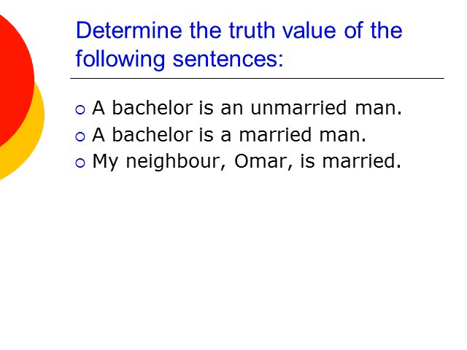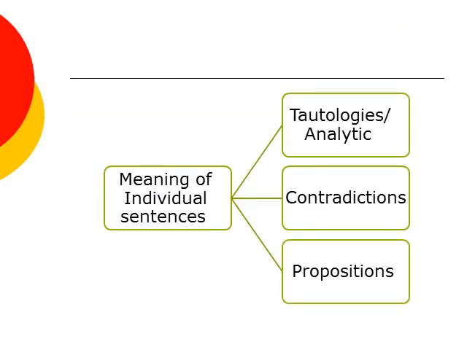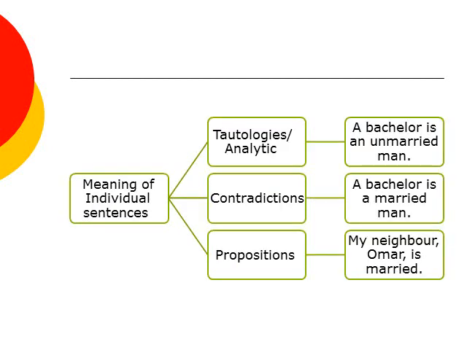These three sentences present three different types of meaning that exist within individual sentences. The first sentence, a bachelor is an unmarried man, is called a tautology or an analytic sentence. That is, this sentence is true regardless of any external circumstance.